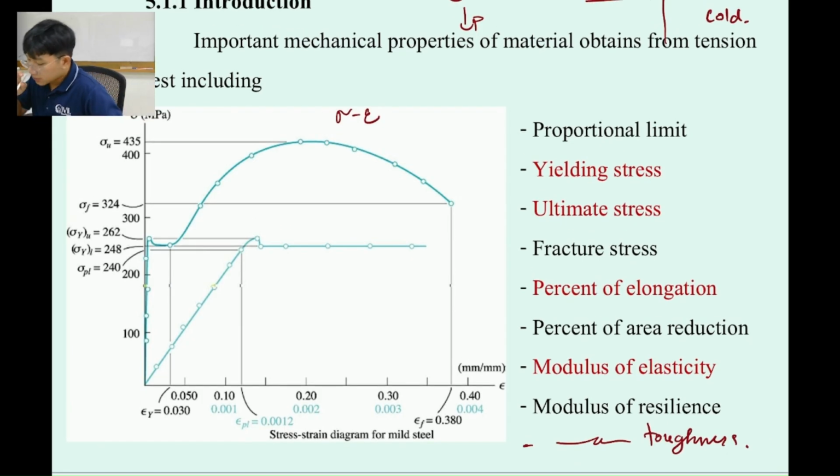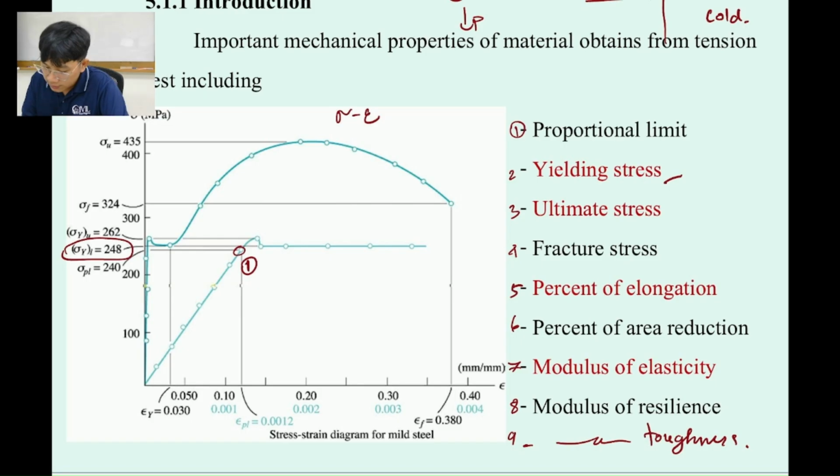Okay, so basically we have the proportional limit as point number 1, and the yielding stress is going to be the lower yielding point. Again, do not use the upper yielding, so this one is going to be point number 2. The ultimate stress is going to be point number 3, where the slope equals 0.